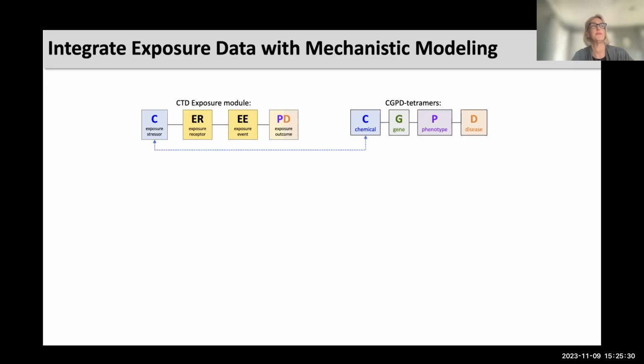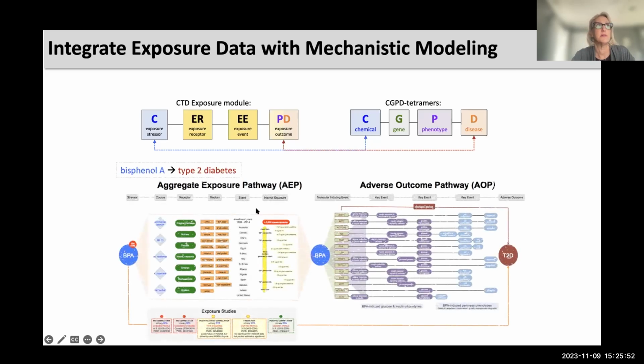So for example, if you're looking at an exposure study in the context of a particular chemical, that chemical also has associated with it all of the other information that I started with. So gene, phenotype, mechanistic type data that's derived from very different types of studies. So you can start to think about the data.